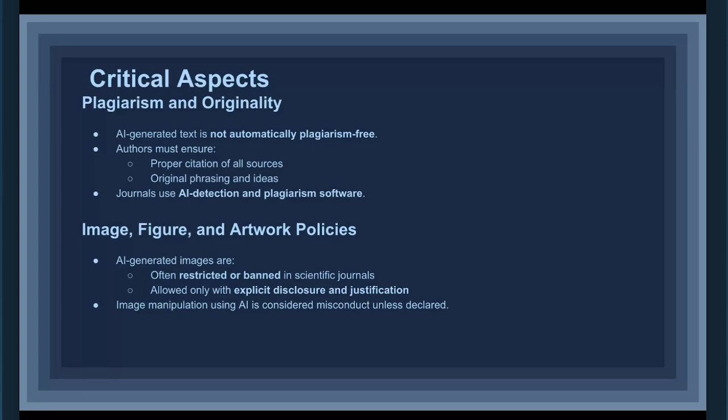You can use it. Now, important in this session are the critical aspects of plagiarism and originality. Any text is not automatically plagiarism free. Whatever is created by AI could be taken from different sources, and those sources may be plagiarized.